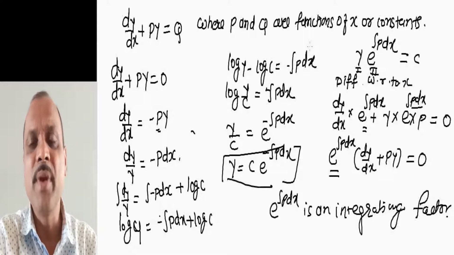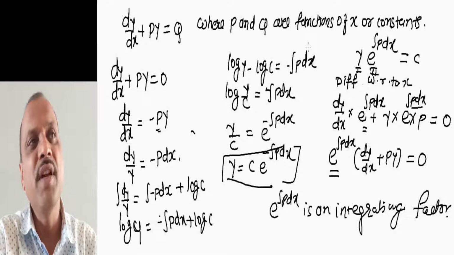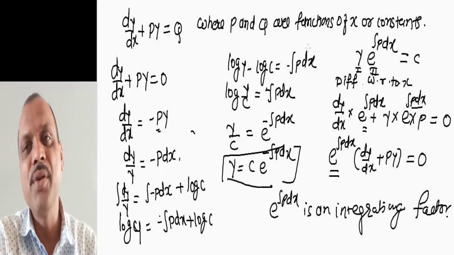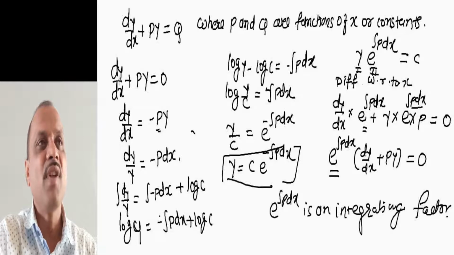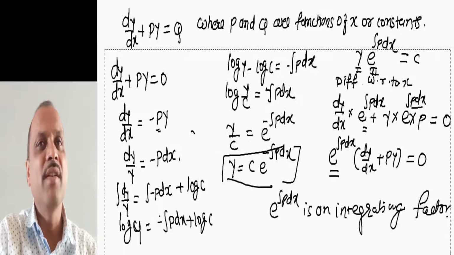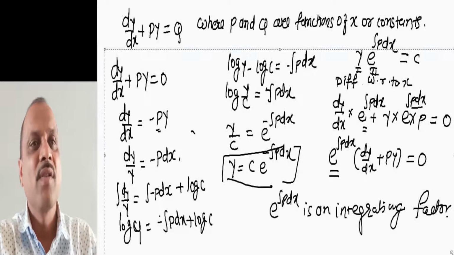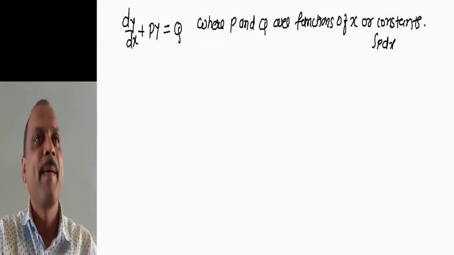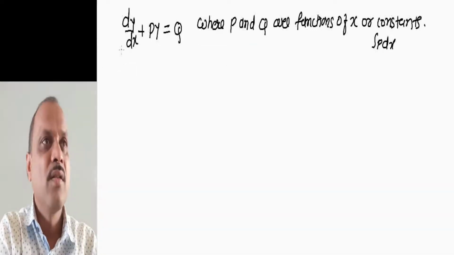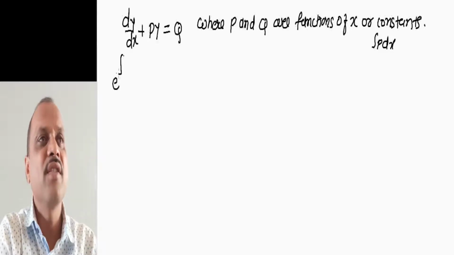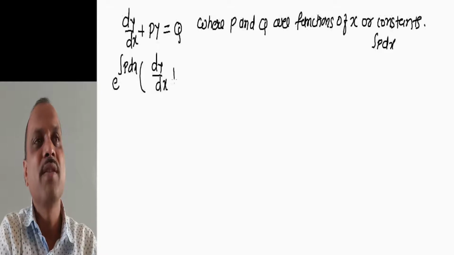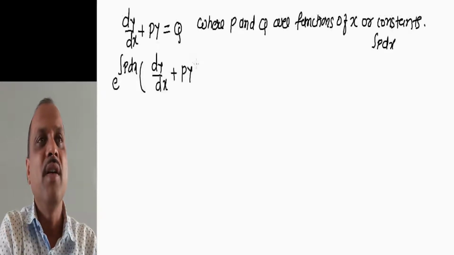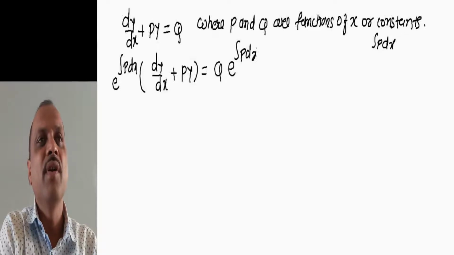So let us multiply the equation dy by dx plus py equal to q by this integrating factor. You can see that if we multiply by this factor, we get e raised to integration of p into dx into dy by dx plus py equal to q into e raised to integration of p into dx.